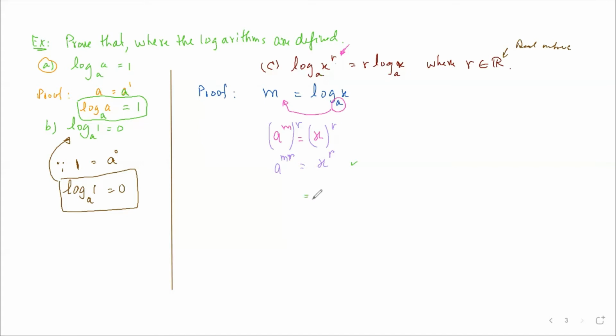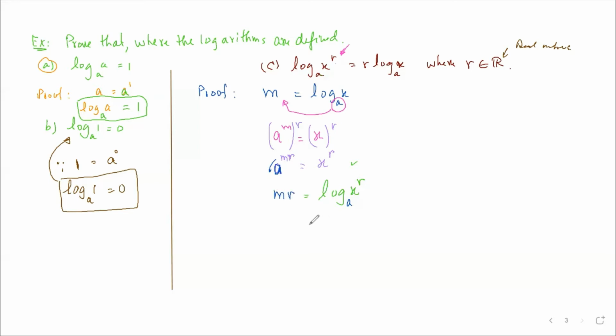So I take log of x power r, and this a is the base. I move a to be the base of the log, and m r takes the place of the exponent. So m r is here.